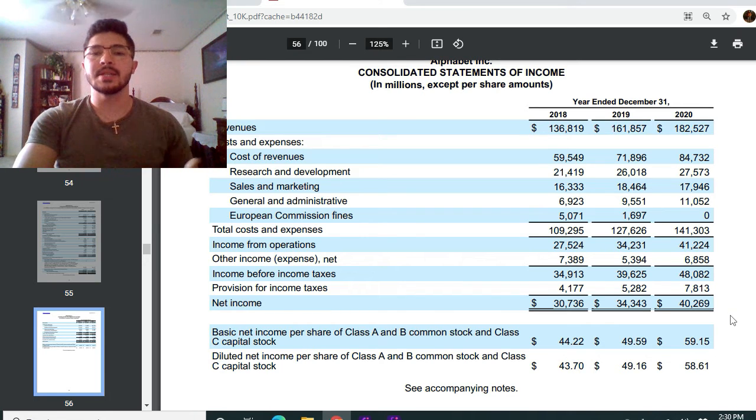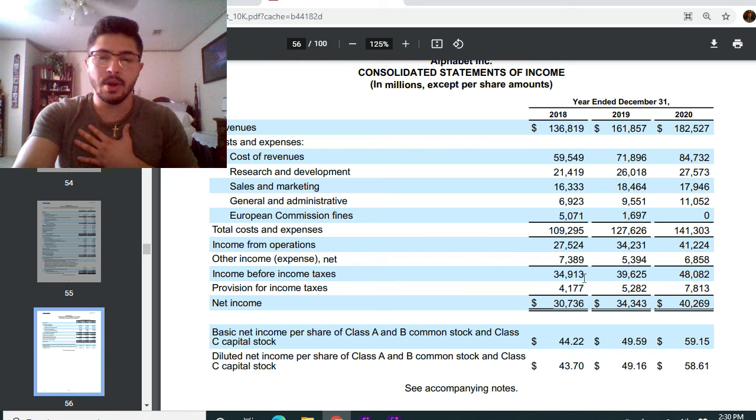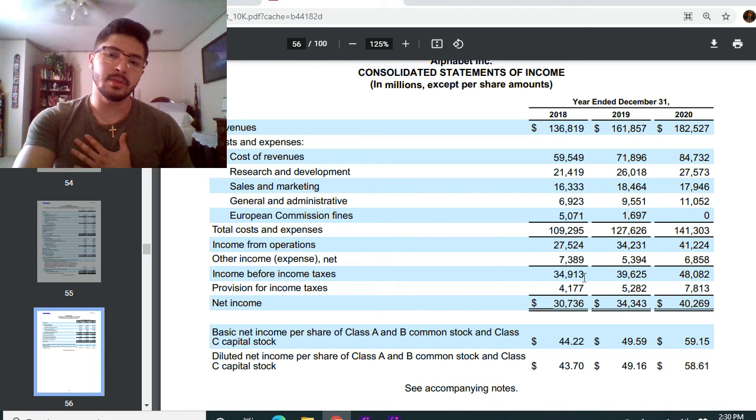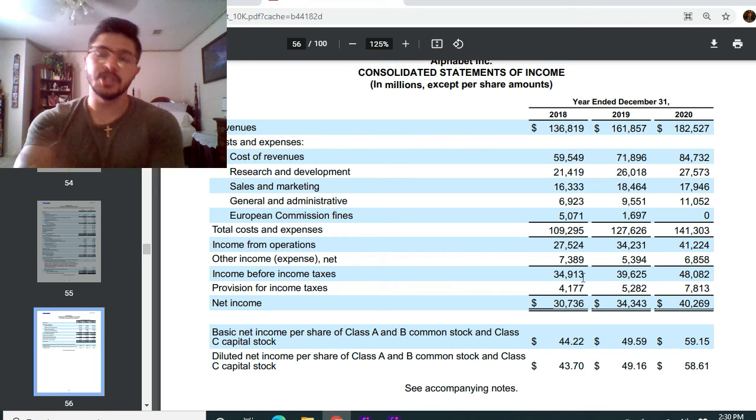But as a shareholder, I wouldn't look at these numbers. Of course, I want to see how the company is doing, but I'm not the owner of this company. So I actually want to see individually as a shareholder how much I will be earning per share. So that leads into EPS, earnings per share, which is now shown right here below.